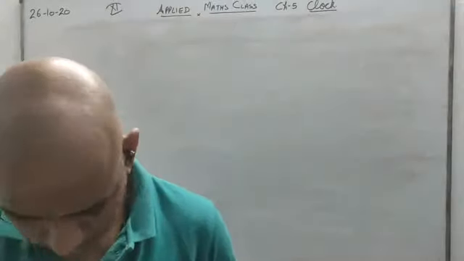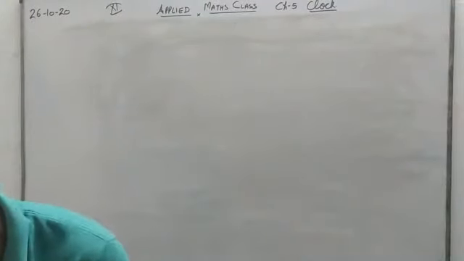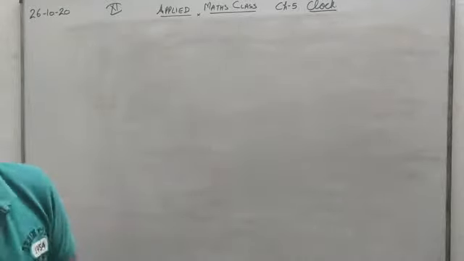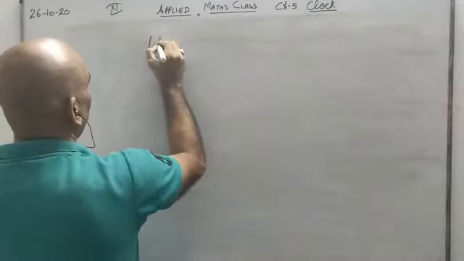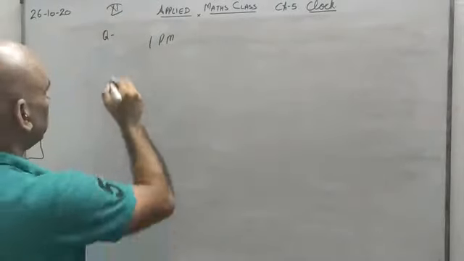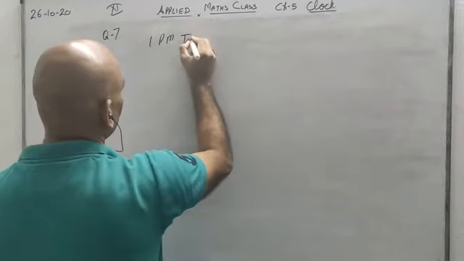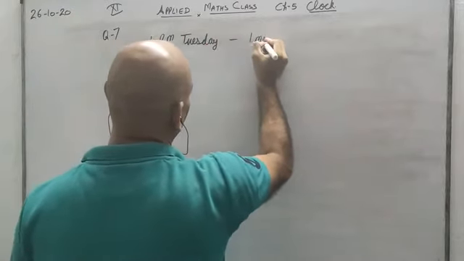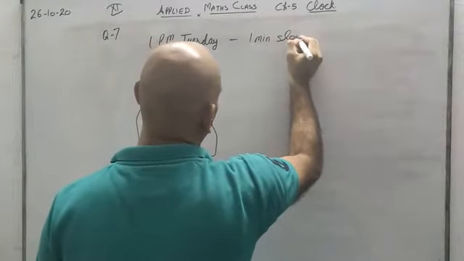Question number 7. A clock is 1 minute slow at 1 p.m. Tuesday. 1 p.m. This is question number 7. 1 p.m. Tuesday, it is 1 minute slow.